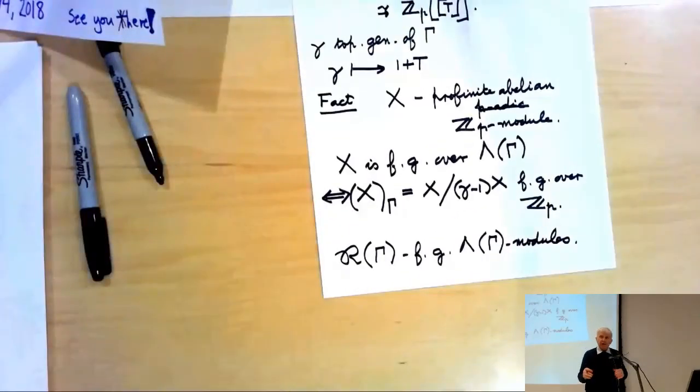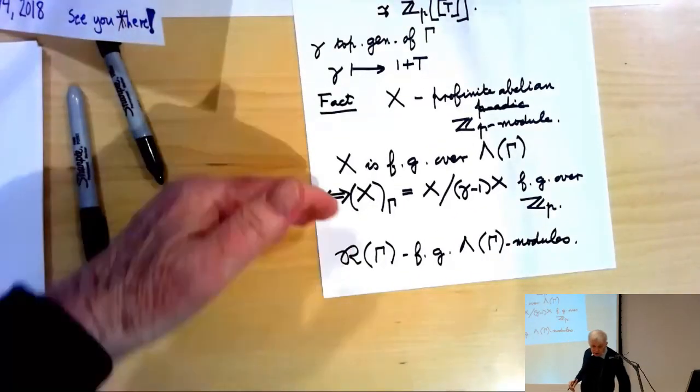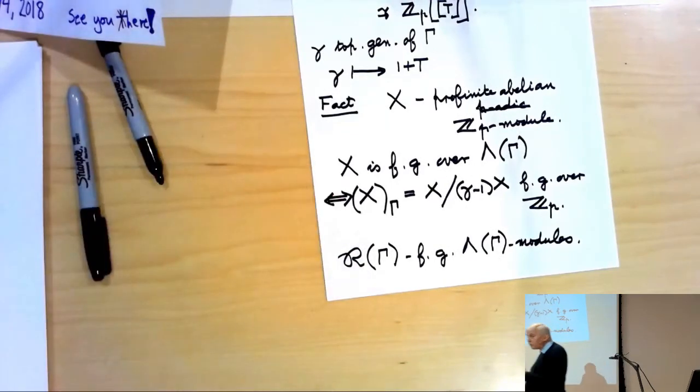Because when you look at classical Iwasawa theory, this condition here is always seen to be true, essentially by class field theory, and so you have finitely generated lambda gamma modules that you're looking at.